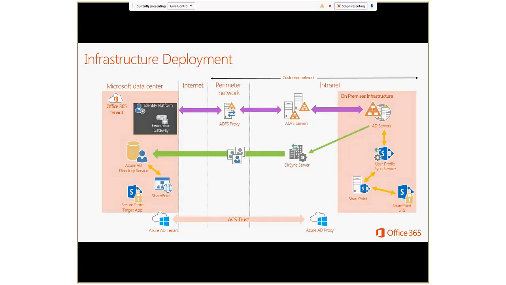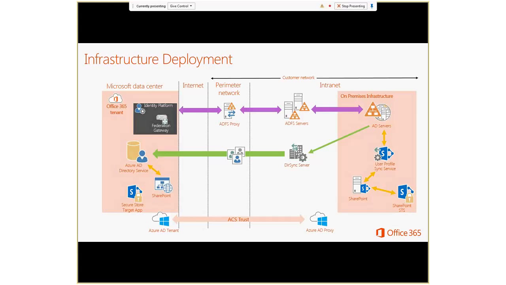So with all of this in place, you should be able to configure an outbound hybrid configuration for your on-premises environment.